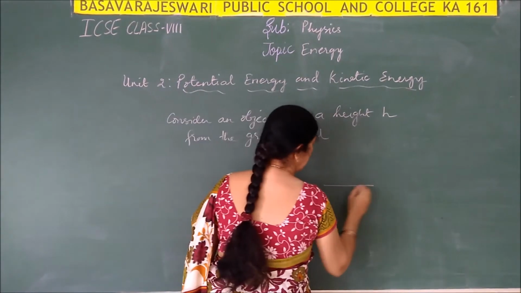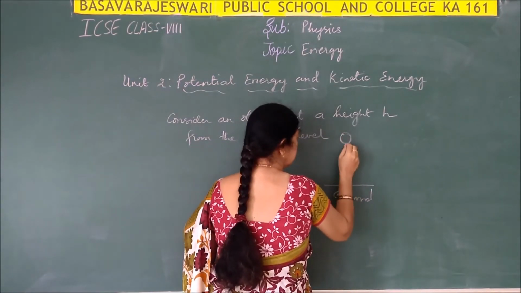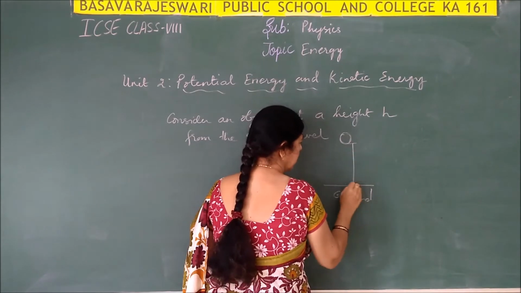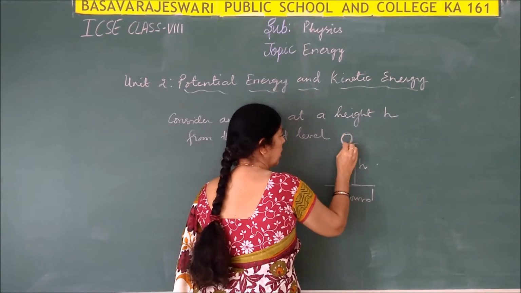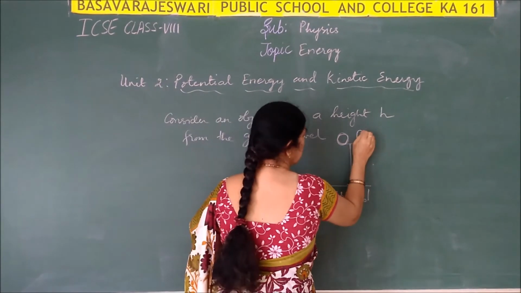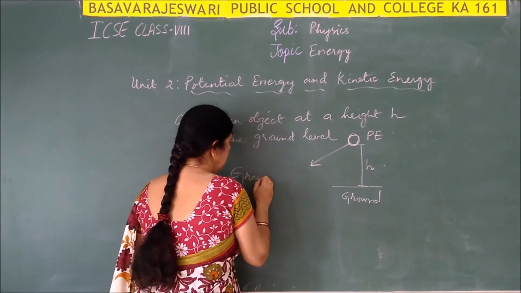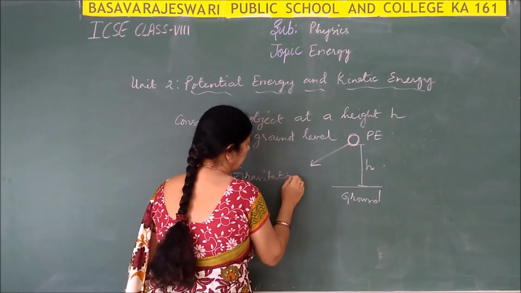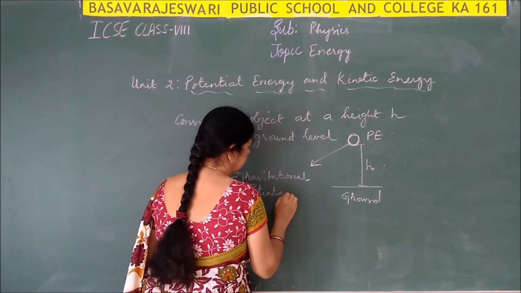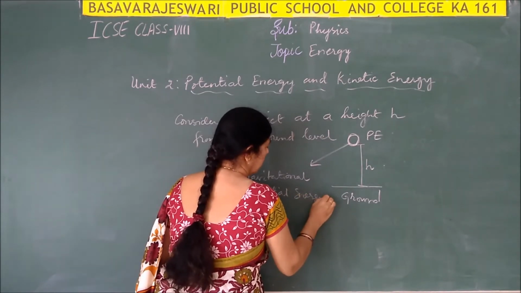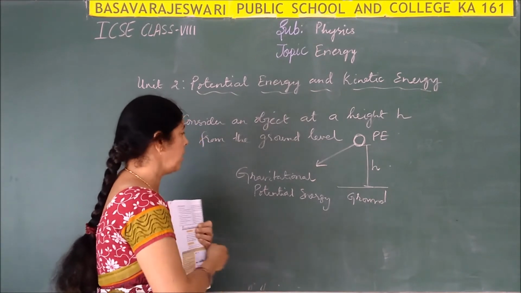So this is the ground level. I am considering some object which is at a certain height h. Now this object or this body will have some potential energy, and that potential energy is called gravitational potential energy. What is that potential energy called? It is called gravitational potential energy.